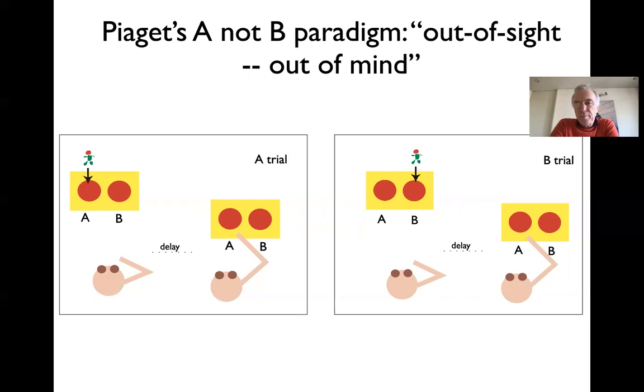So the classical version of this paradigm involves a hidden object, a toy. Piaget, as some of you might know, was a philosopher, epistemologist who did some kind of armchair experiments with his own kids, apparently. He has a lot of influence on developmental psychology, even though he himself was just a philosopher. He never really did a controlled experiment.